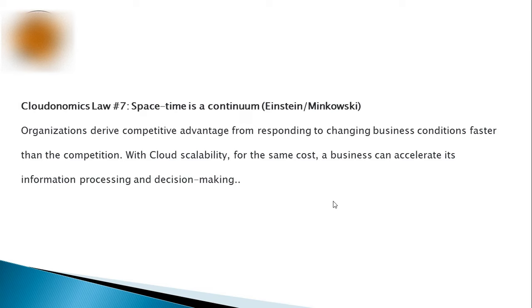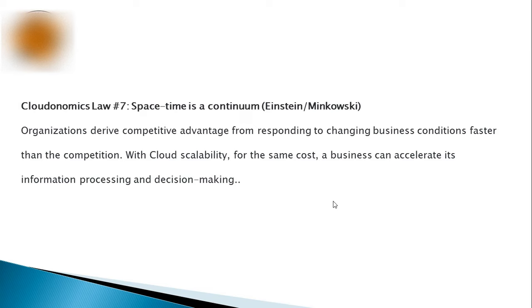Next we have space-time is continuum. Now what does it mean? Whenever we are talking about any type of changes, companies currently need to have scalable solutions because they need to work with their competitors, and everyone is trying to chase the other one.